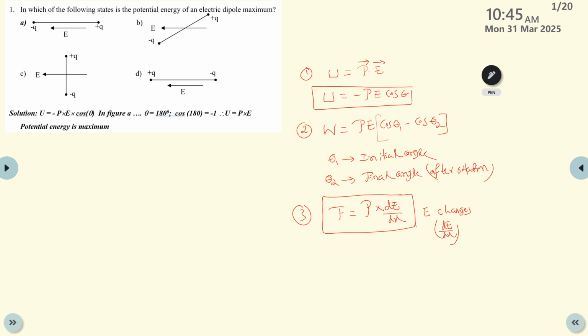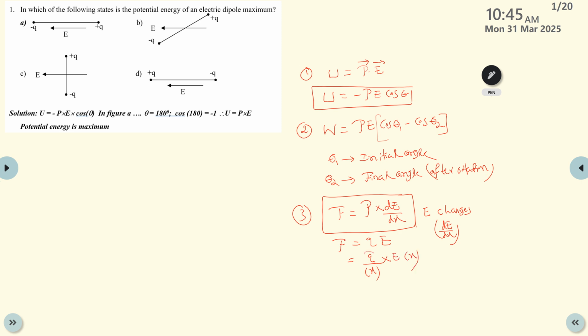How this equation comes, I'll tell you. We know that force equal to charge into electric field. This is Q divided by distance, dimensionally I am writing, into E into x.